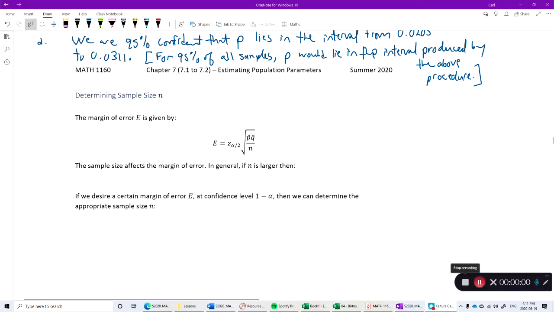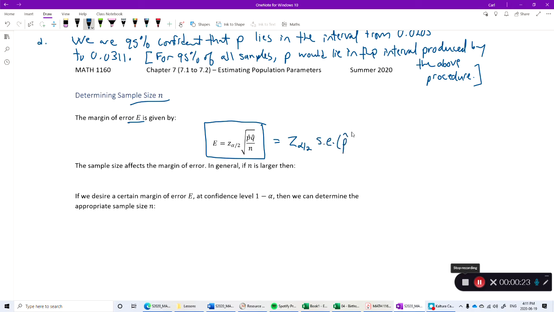The last thing we're going to do in this section is determining the sample size n. We have seen a couple times that the margin of error in our estimate of p is given by this expression. So it's the critical z value times what we've called the standard error of p hat.